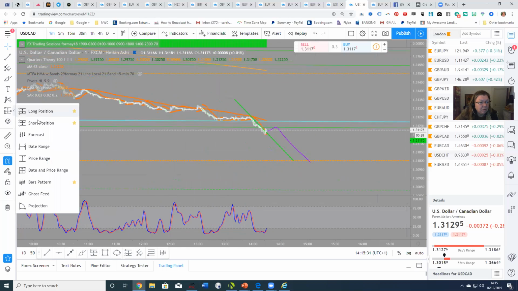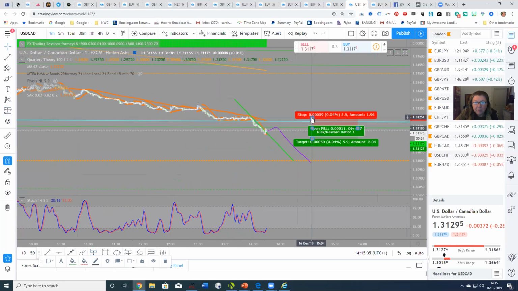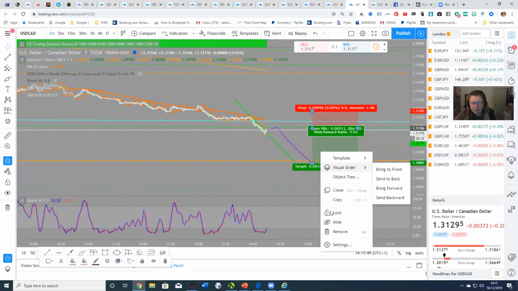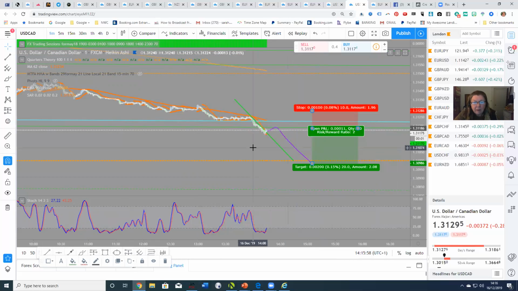So I'll put a short position on about there, and down to 20 takes us below that quarter theory. But as I say, it could go down further if it does that break and retest. Profit level, stop level. So let's see what happens on that.